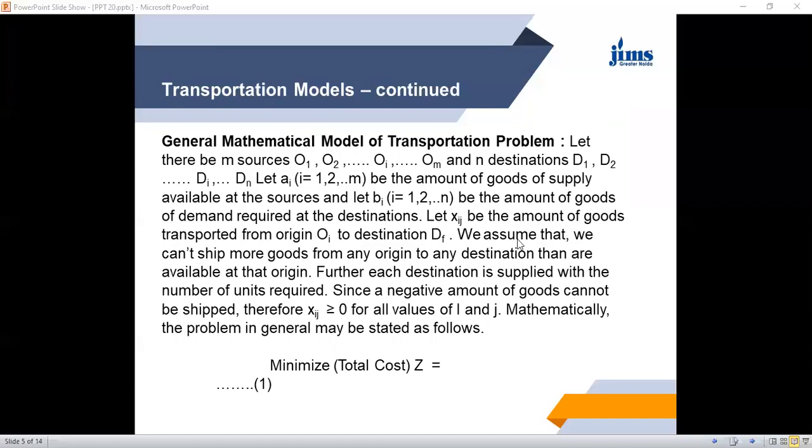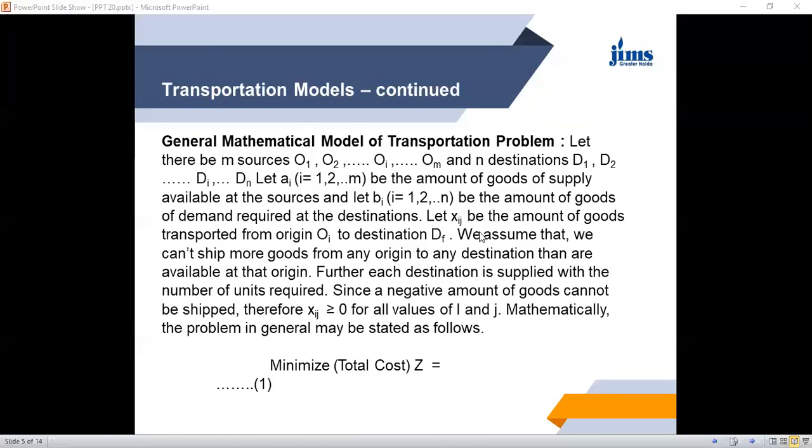And Xij is the amount of goods transported from origin Oi to destination Dj. Xij is the quantity which you are going to supply from origin Oi to destination Dj. We assume that we cannot send more goods from any origin to any destination than are available at that origin. Obviously, we cannot supply more than that.